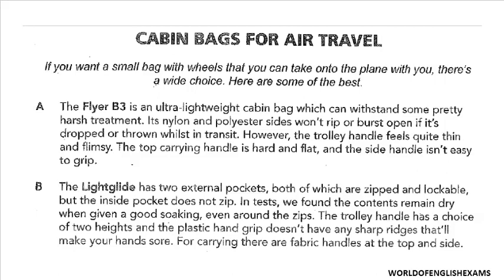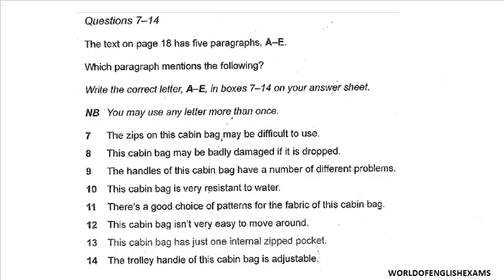So you don't need to stop reading the paragraph, but you need to continue reading the entire paragraph because NB is there. If you find NB in the instructions, my sincere suggestion to all of you is do not stop reading the passage after the first two sentences. Please read the entire passage, because we do not know which paragraph can contain two answers. So we have to be very vigilant if you see this instruction called NB.